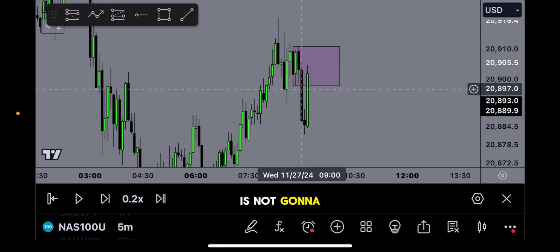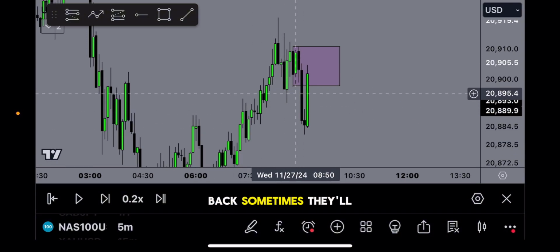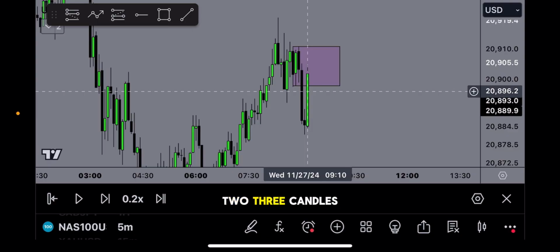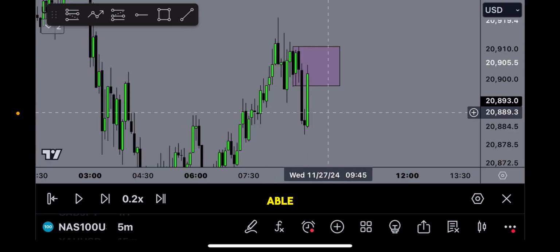So sometimes it's gonna be like this. Sometimes the setup is not gonna be multiple green candles and then pulling back. Sometimes it'll just be 1, 2, 3 candles and put back to the zone and continue the trade. So that's why you gotta be able to spot these in person and in real time and execute them quickly.